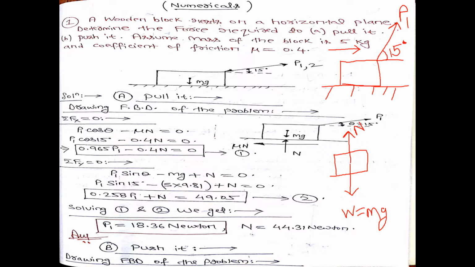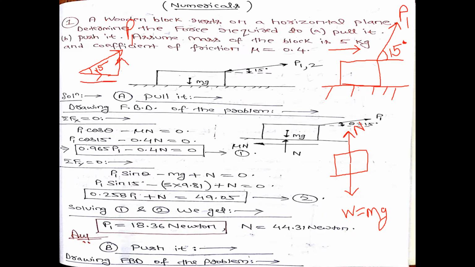Now this force P1 will have two components, because this is your force P1 and it is making an angle theta equal to 15 degree. This is the tail end, this is the head end. So let us draw a right angle triangle. If you want to move from tail to head end, you will go in this direction, and then in this direction.